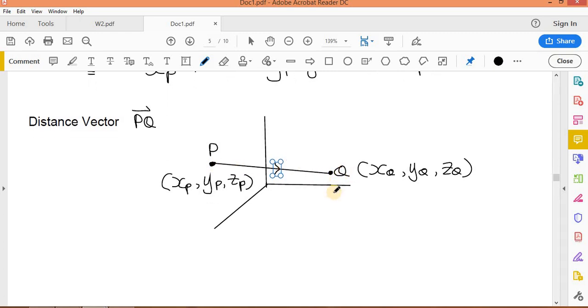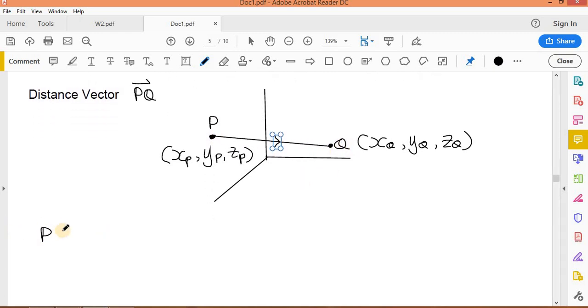How do we find the distance vector of PQ? You are going to take the coordinate of the ending point. Just imagine this is your starting point, this is your ending point. So you take the coordinate of the ending point minus the coordinate of the starting point.